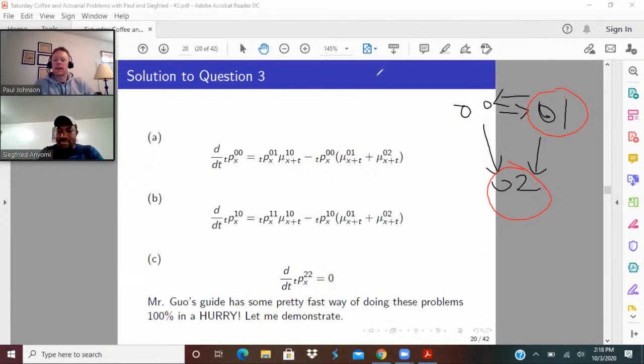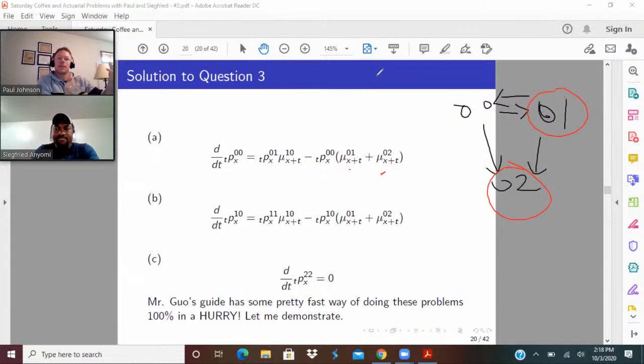Yeah, and just to back up for a second, this is part A. We're talking about the derivative with respect to time of a probability. What we're really trying to find is the probability that a person that is healthy stays healthy for t years, and how that probability is changing over time.